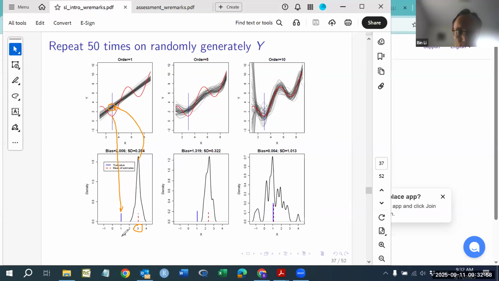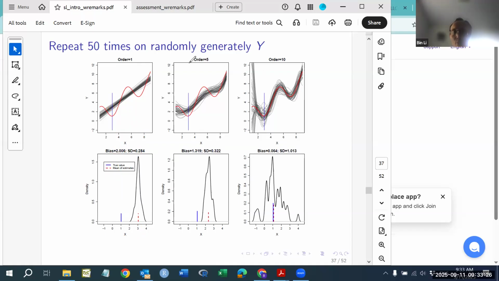So what is the bias? The bias is the difference between these two, which equals 2. I showed it on the top. And what is the standard deviation for this model? It's 0.284. So that's the linear model.